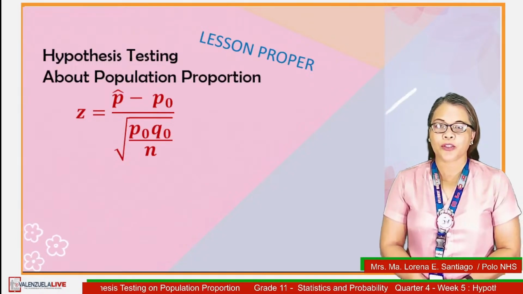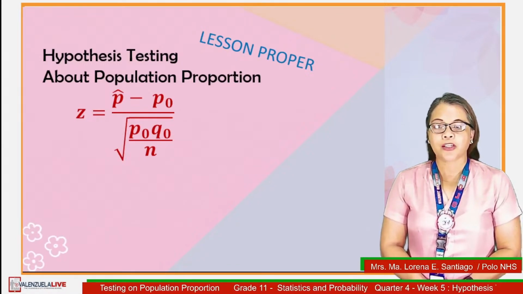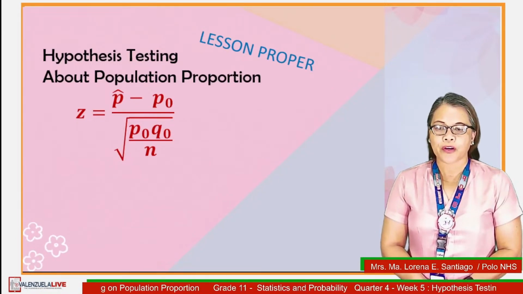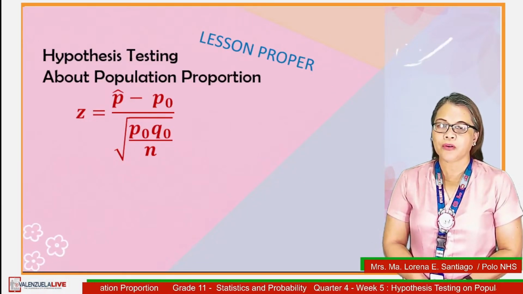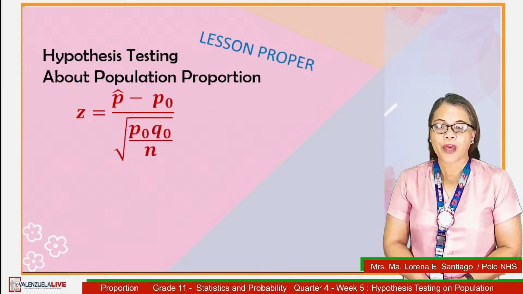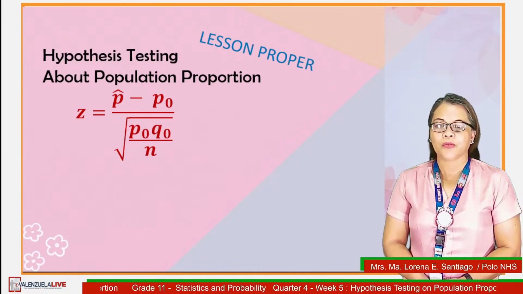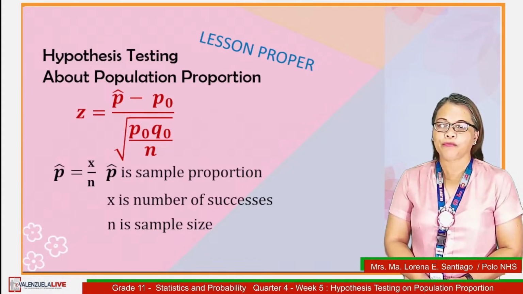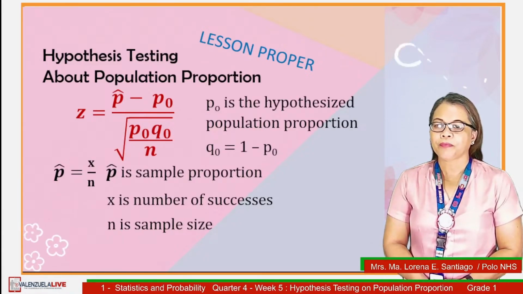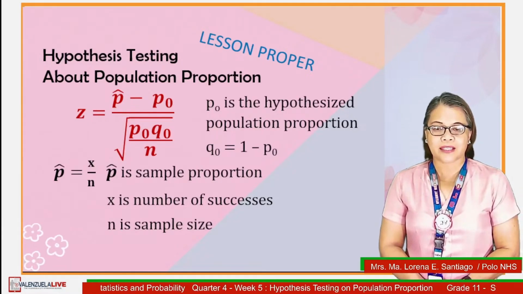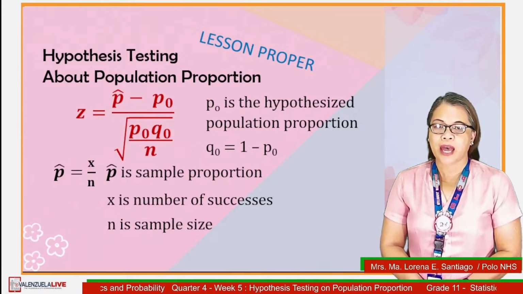Z is equal to p hat minus p sub 0 over the square root of p sub 0 times q sub 0 divided by n, where p hat is equal to x over n. Now, p hat is the sample proportion, x is the number of successes, n is the sample size.